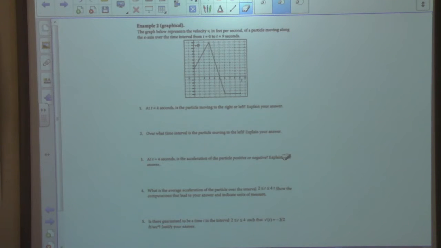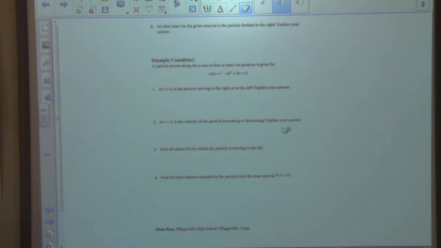Okay, next we have this next problem here, which is example 3, analytic. So we're given an equation. And so what I want you to do is analyze analytically what's happening here. And we'll go over this in a few minutes after you do that analysis, okay? And what were the steps we talked about to do that analysis? Find the critical numbers, very good.